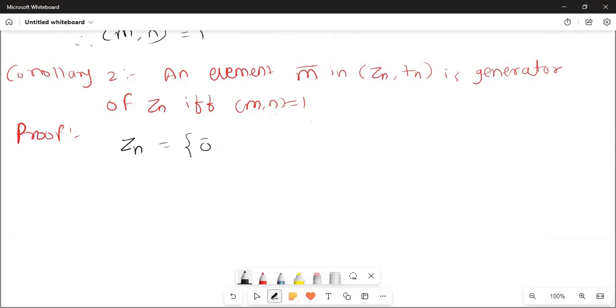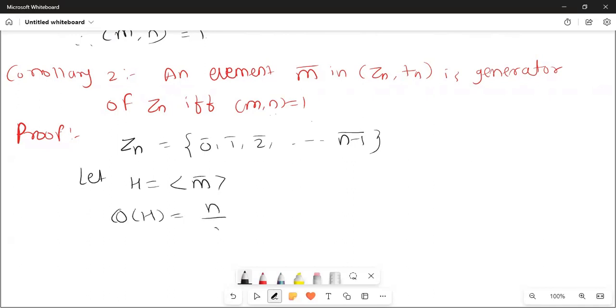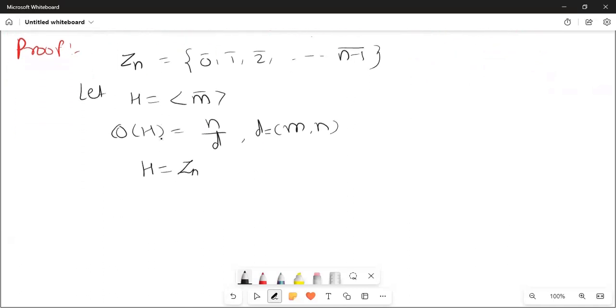Zn की वैल्यू क्या आ जाएगी? 0 बार, 1 बार, 2 बार अप टू n माइनस 1 बार आ जाएगी. Then let h is equals to generators of m bar. Here from above theorem, order of h is equals to n divides d and d is equals to gcd of m, n. ये तो फॉर्मूला है. यहाँ पे देखो h is equals to Zn आ जाएगा.